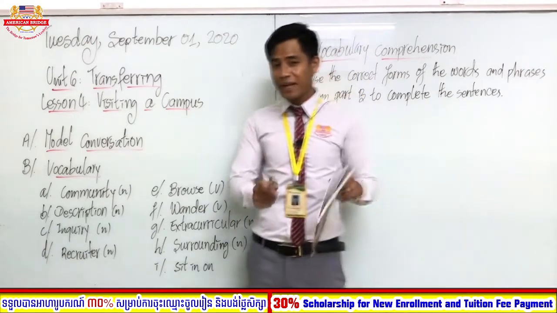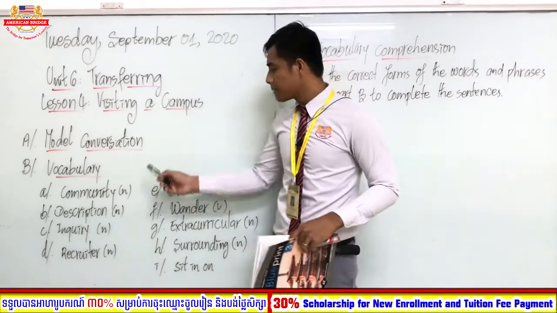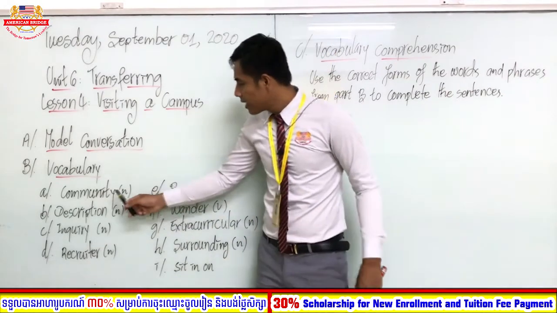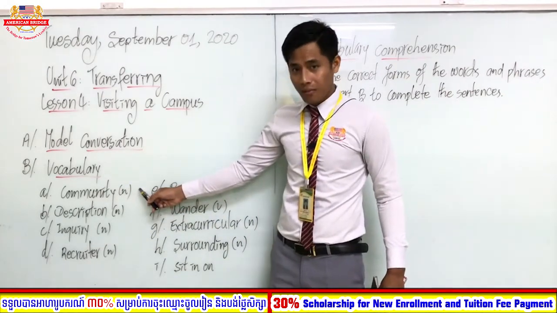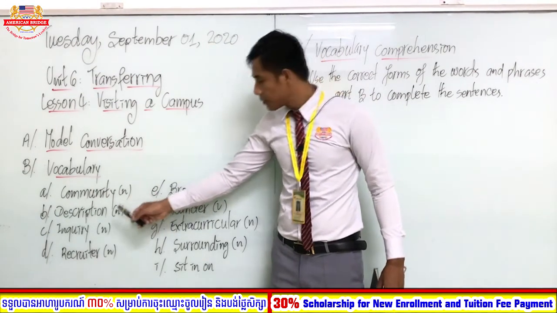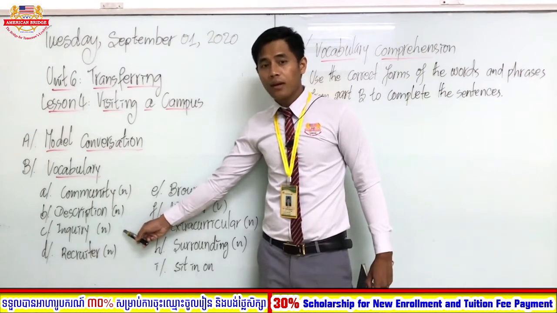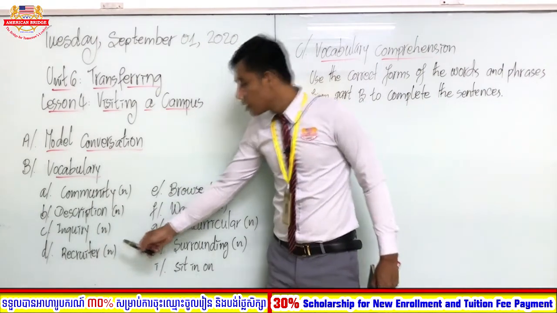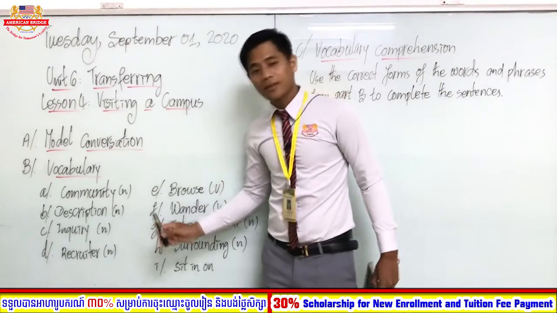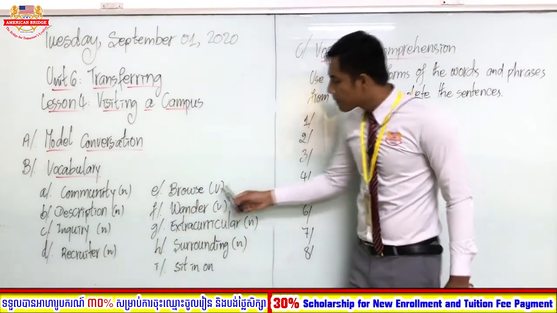Alright, students, now repeat after me all together to make sure that you can read all of this vocabulary well. Alright, A, community, description, inquiry, recruiter, you can read it in two ways.